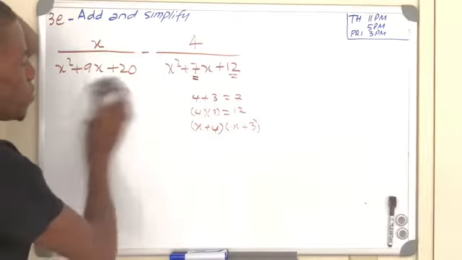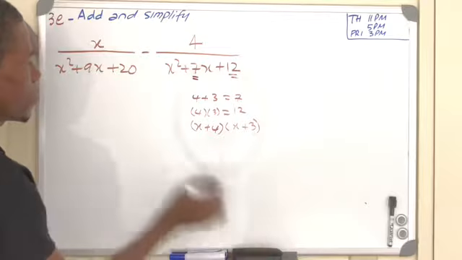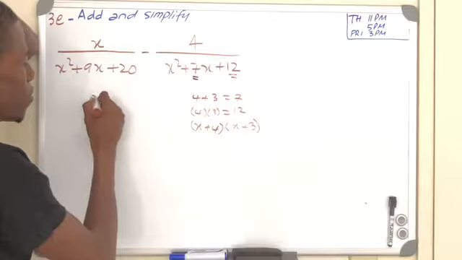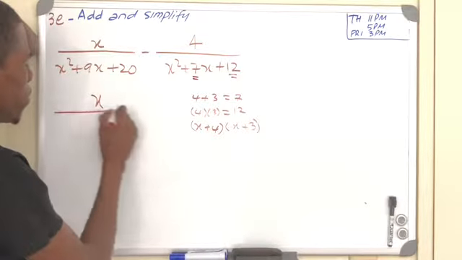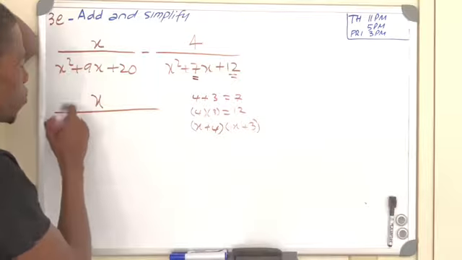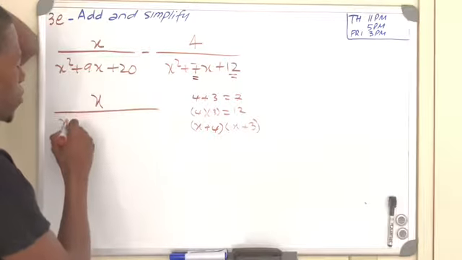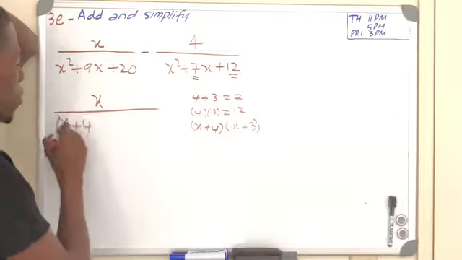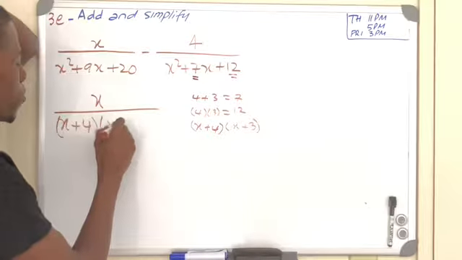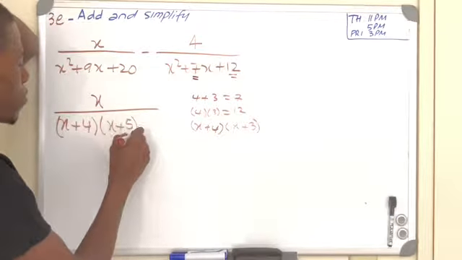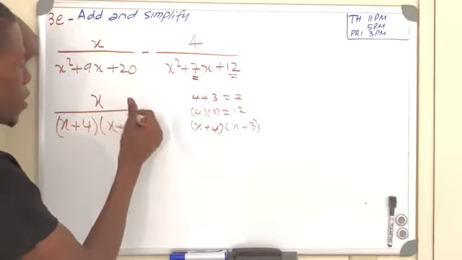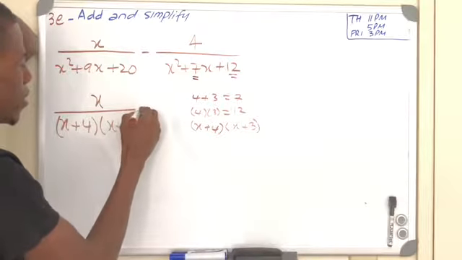Okay, so now what I did is I'm just going to come here. I'm keeping the x in the numerator, and instead of putting this denominator, I'm going to put x plus 4 times x plus 5, minus, I keep that minus.